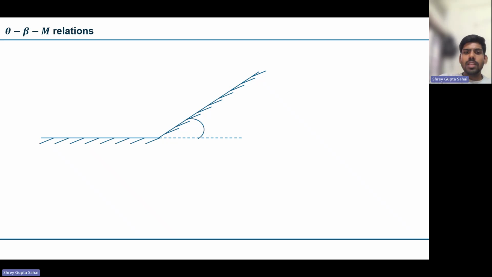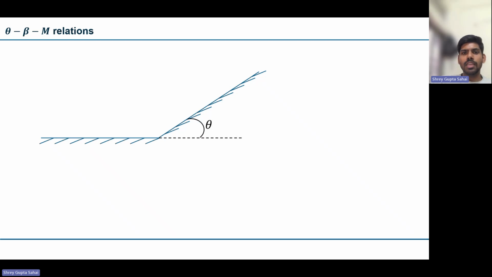Let me draw these things in black so that you know what is going on. So this is theta. This is the angle by which the flow is deflected. This is the deflection angle. Now what that means is the flow was initially parallel to this surface.